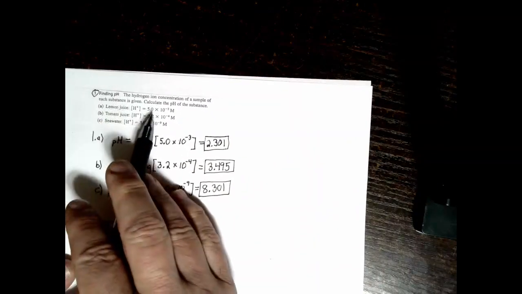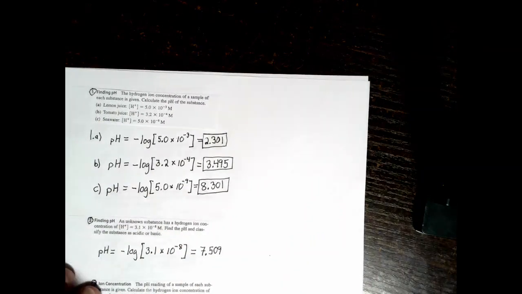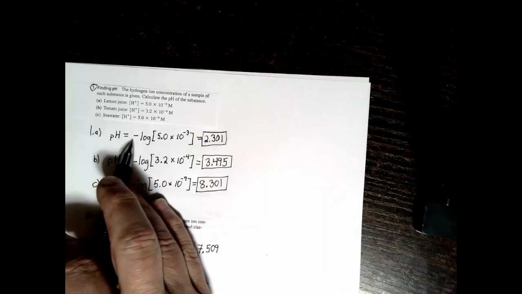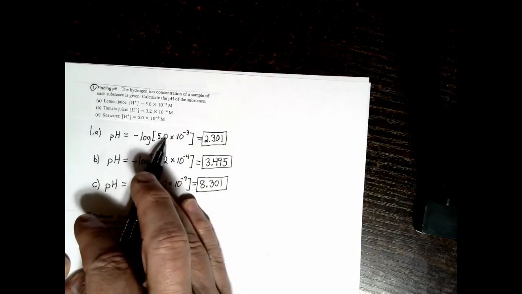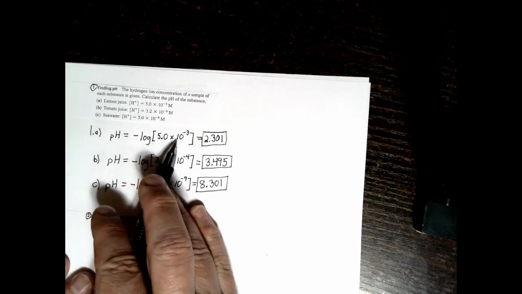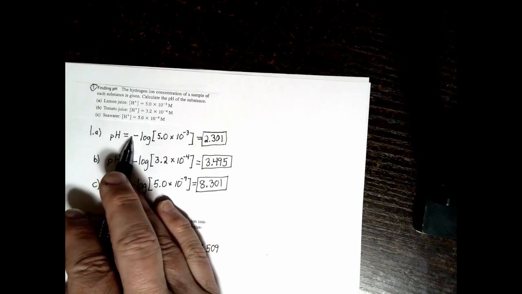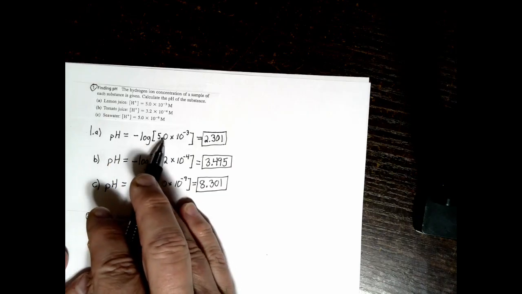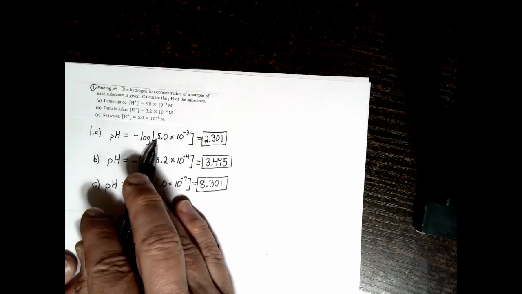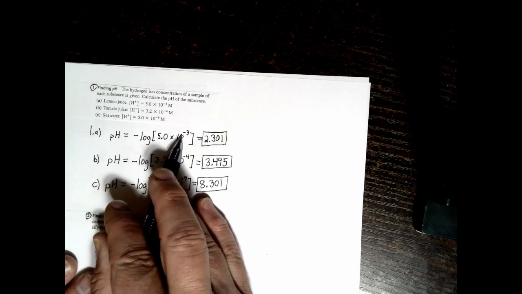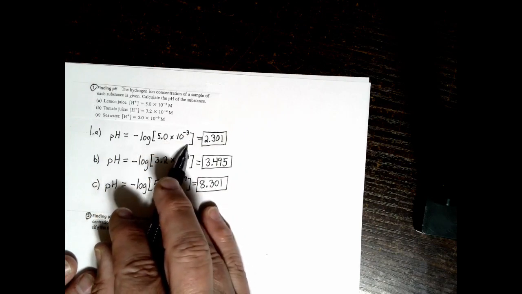They say find the pH for the given hydrogen ion concentration. So remember, pH equals negative log of H plus. And now here's your H plus for the first one, 5 times 10 to the negative 3. And if you ask a calculator what the negative log of this number is, you write it in as 5.0 times 10 hat negative 3, close parentheses.